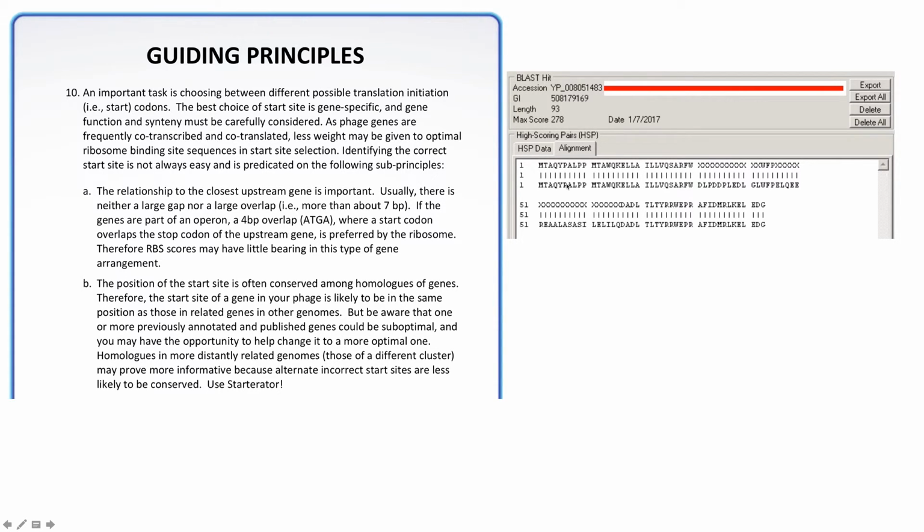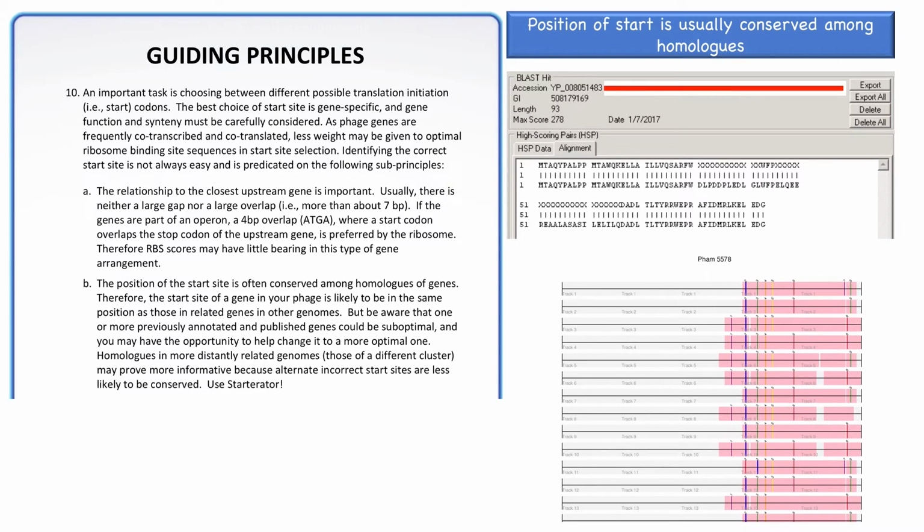But a better way to look at that is to look at all of the homologs together and what start options each homolog has. Each one of these colored lines is a start, and these are all genes from different phage genomes that belong to the same family. They're all homologs of each other.